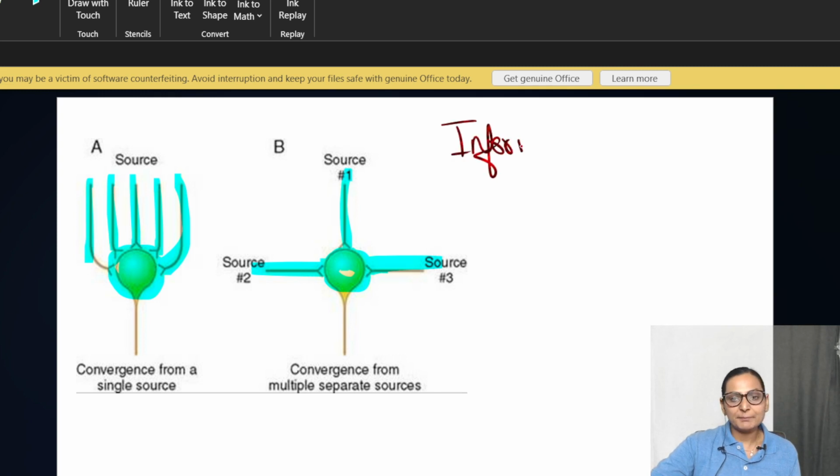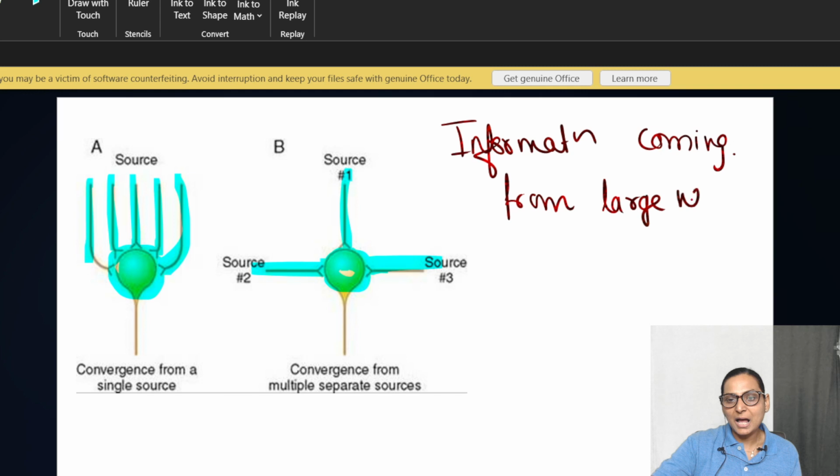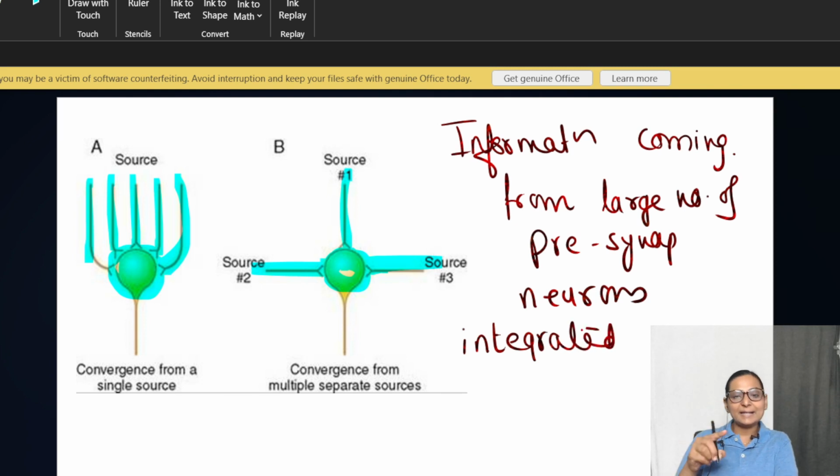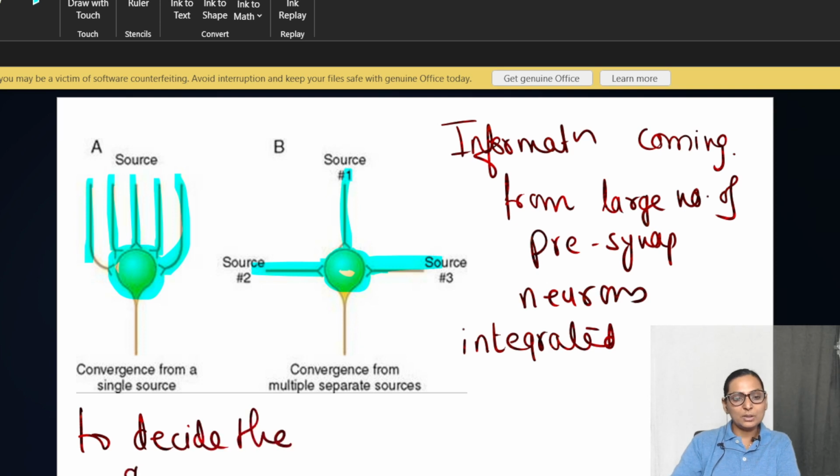So this information which is coming from a large number of presynaptic neurons is actually integrated, to decide the onward effect.